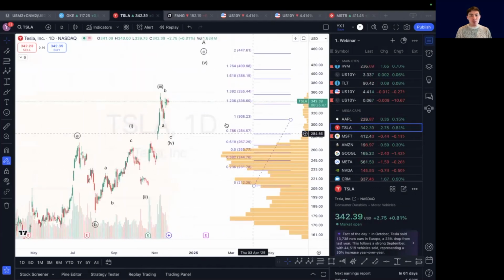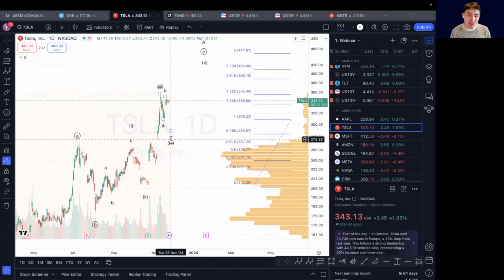Tesla. So we had a drop towards 307. Theoretically, this could have been wave 4 completed, but because this wave 1 and 2 is quite steep, the wave 4 correction can be shallow, so it can stop here. But the subsequent bounce has not really taken out this post-election high.